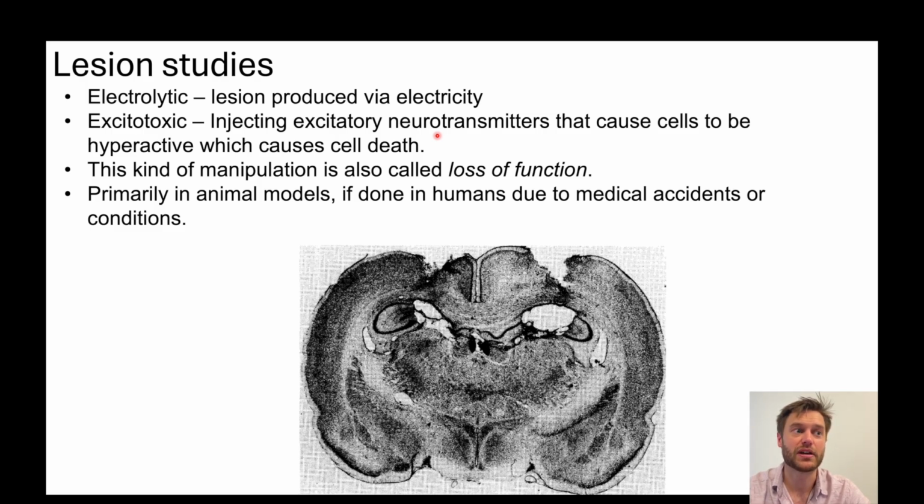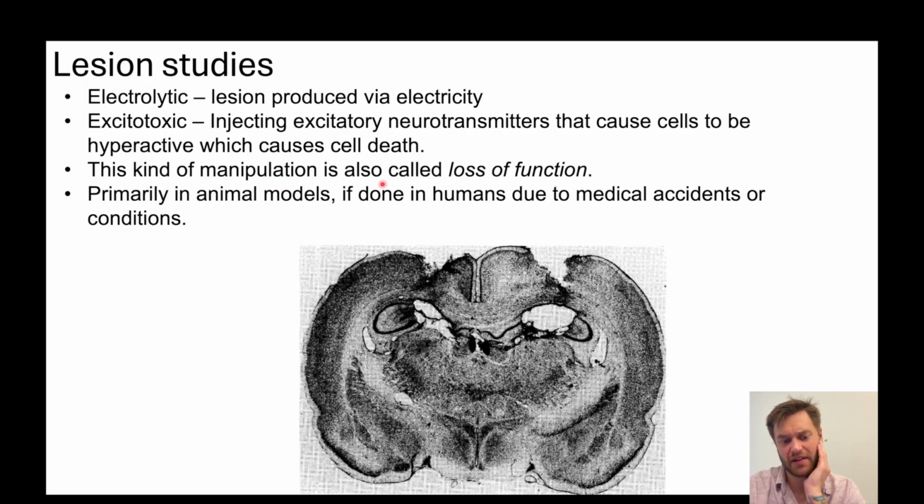It's the glutamate itself which is cytotoxic. So this is just another way of producing a lesion, just like the electrolytic lesion technique is, except this is using a chemical or a neurotransmitter to cause the damage, rather than a physical stimulus like an electrode or a knife.